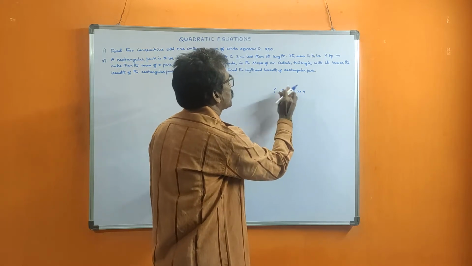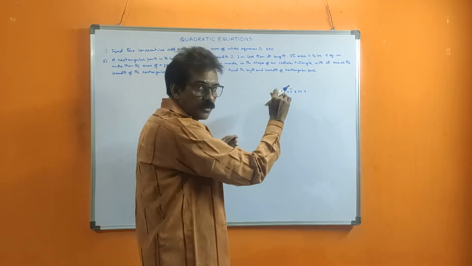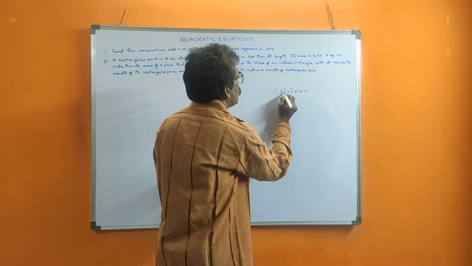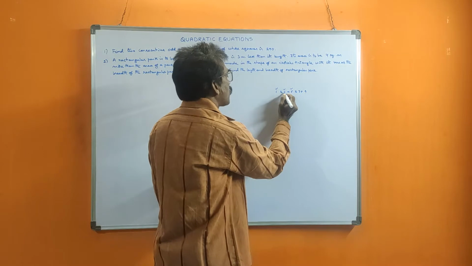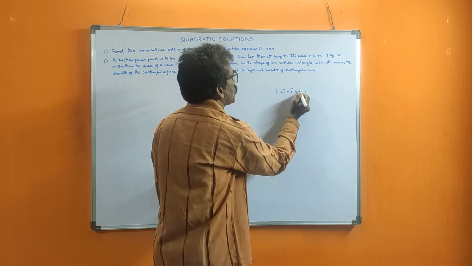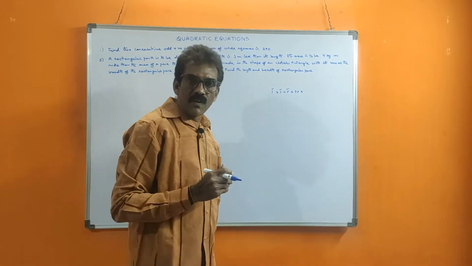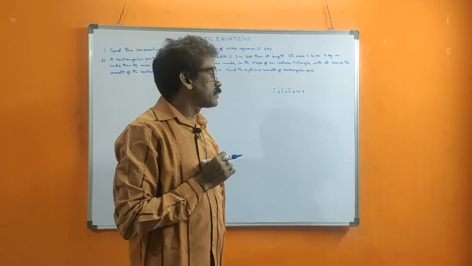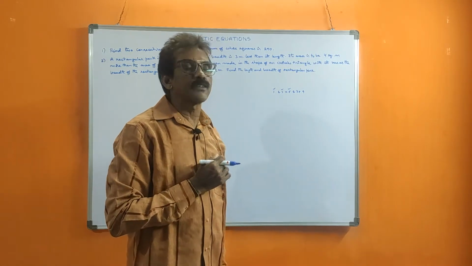For 3, what is the next immediate odd number? 5. How can you get the next immediate odd number? By adding 2. For 1 add 2, the next consecutive odd number. For 5 add 2, 7, the next consecutive odd number. That's why if one odd number is x, the next consecutive odd number is x plus 2.